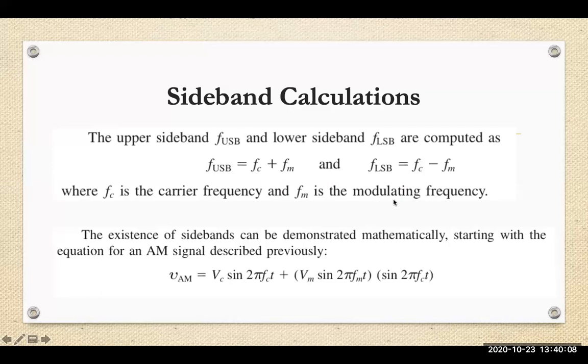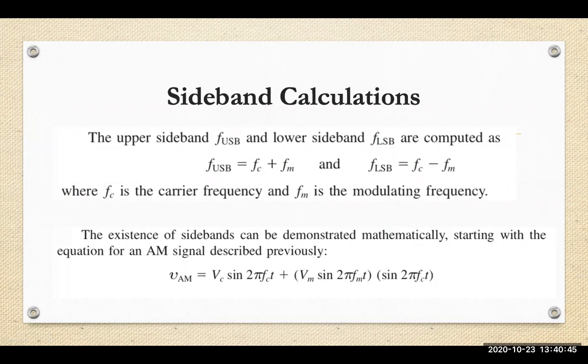Now, the existence of sidebands can be demonstrated mathematically using the equation for an AM signal na ating na-derive previously, or pinakita ko sa inyo yung derivation, which is equal to V sub C sine 2 pi, this is in radian measure, okay? The carrier frequency times the time. And then V sub C plus V sub M. This is actually multiplied to the entire equation by sine 2 pi F sub M t.